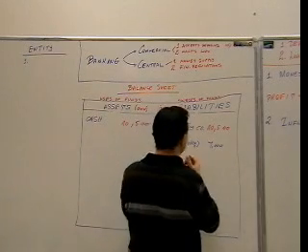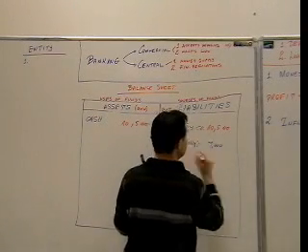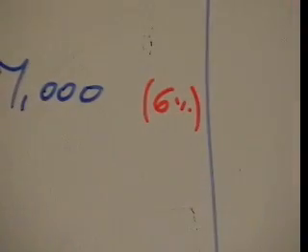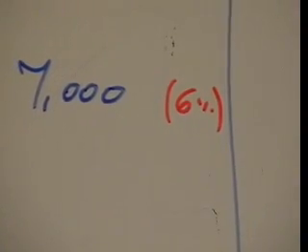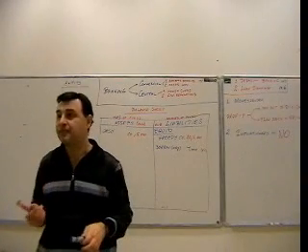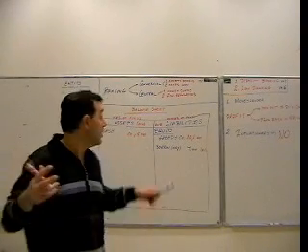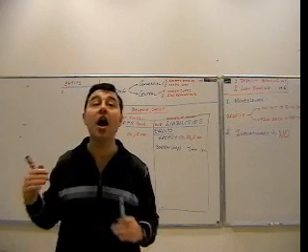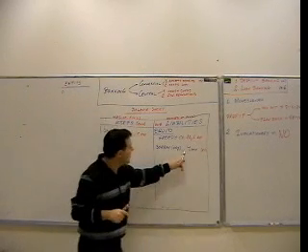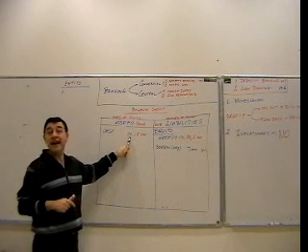So let's put in here, borrowing at 6%, and then we loan it, or lend it, meaning the greedy company lends it at a higher interest rate. Alright? So let's try to do this. First of all, we have 7, we gotta counterweight.